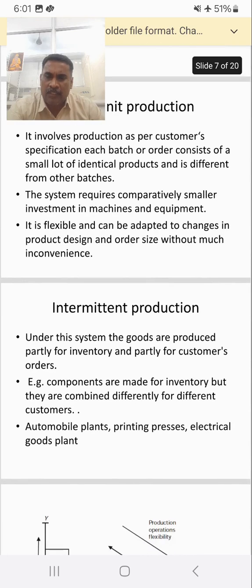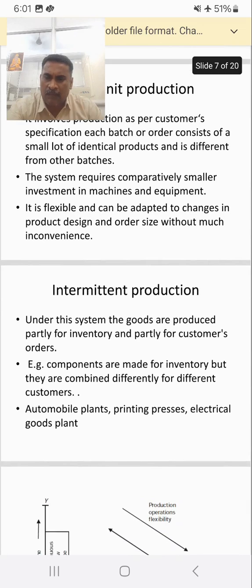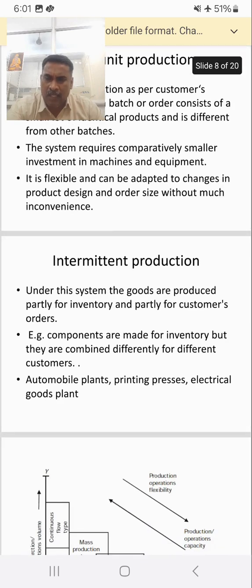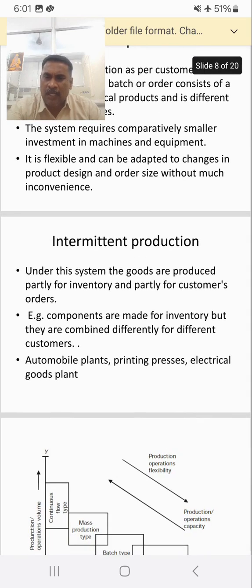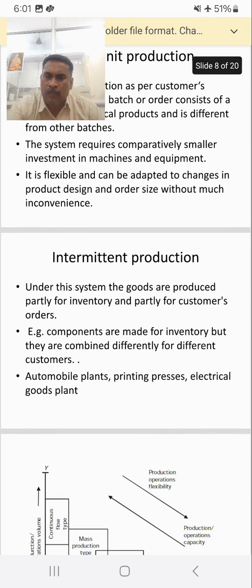Intermediate production is for things like automobile plants, printing presses, and electric goods. These components are kept as inventory, and can be produced at a huge level, and can also be kept at an intermediate level.